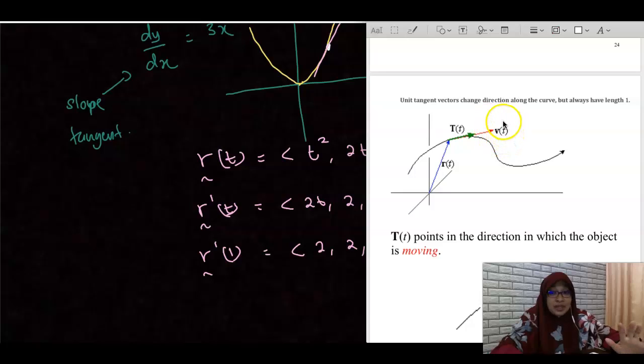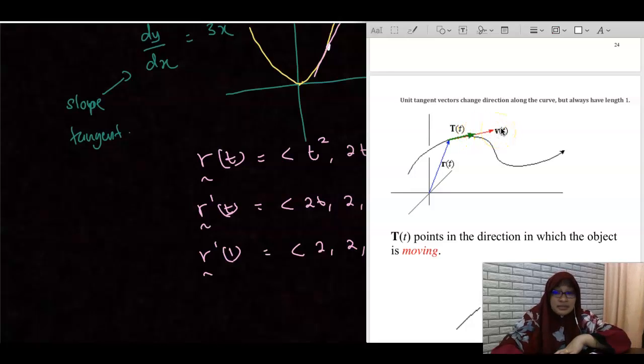So this can also be represented by r prime t, and it has the same direction as the unit tangent, because the tangent vector, or velocity vector, and the vector T have the same direction but different magnitude. The velocity vector is larger than the unit tangent, because the unit tangent vector always has magnitude equal to 1, since it is a unit vector. So they have the same direction.